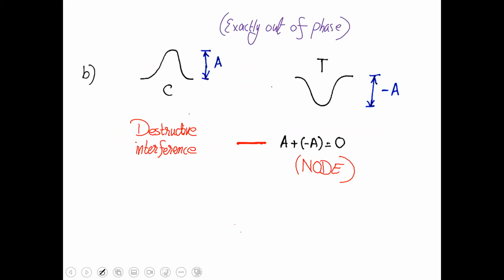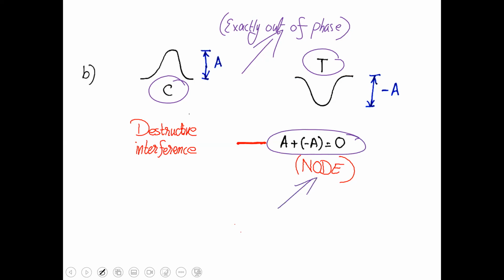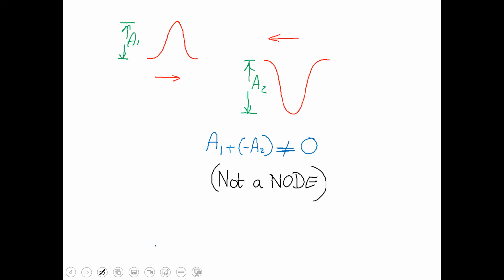Now look at this. One has a crest and one has a trough. It is called exactly out of phase. When such waves meet, they cancel out each other, and this gives you a node. So my third concept for today: destructive interference generates a node. Now, it is not necessary that the two waves always cancel out each other.